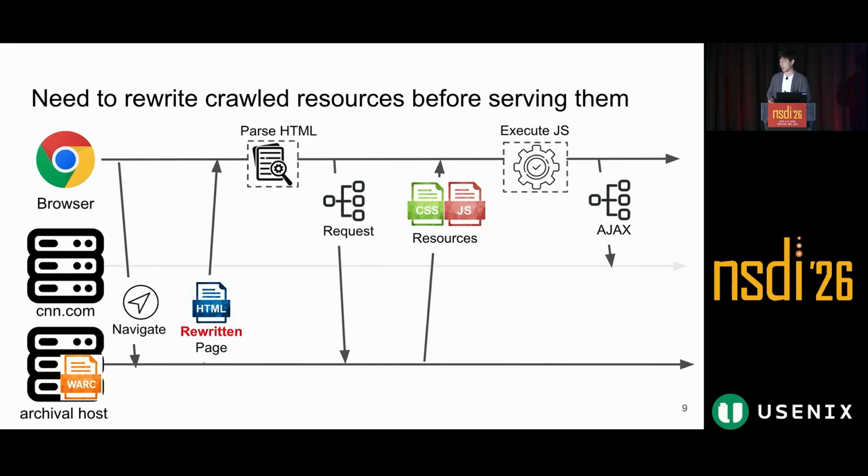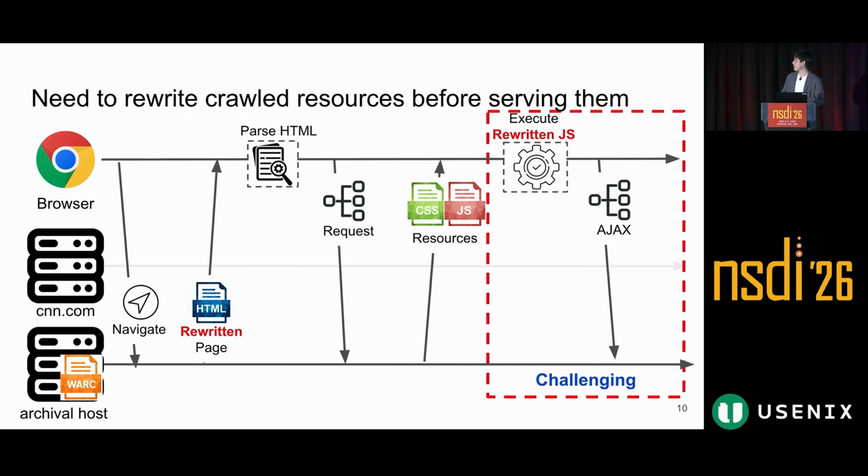But also, given the emergence of JavaScript, we need to rewrite JavaScript so that all the AJAX fetches are also redirected to the archival host. This part is actually very challenging, because you can imagine there are so many different ways a JavaScript can trigger a fetch. So we need to cover all such cases to handle these redirections, while also making sure they're still compatible with the existing JavaScript runtime.